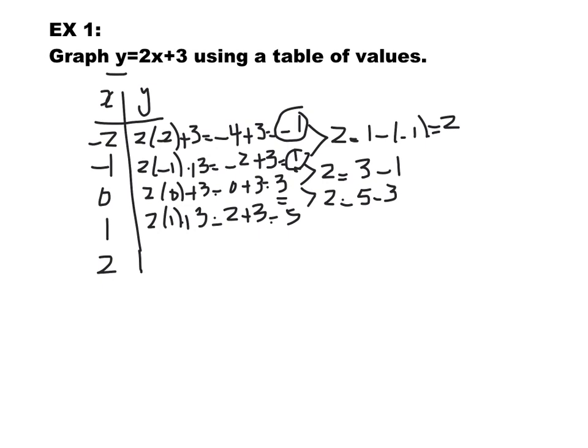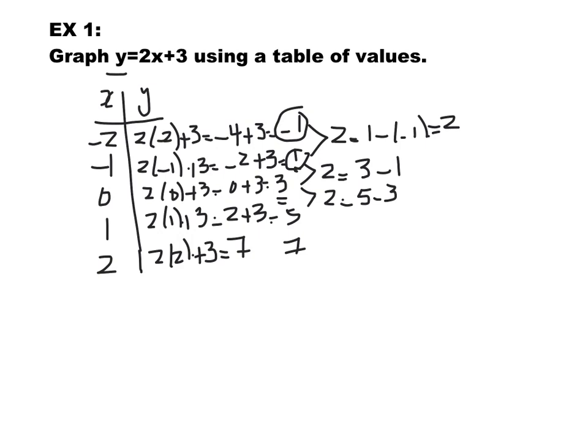So for the next one, I can either evaluate or I can say the next one is guaranteed to be 5 plus 2, which is 7. If you want to test that, let's evaluate it. 2 times 2 plus 3 gives us 4, plus 3 gives us 7.